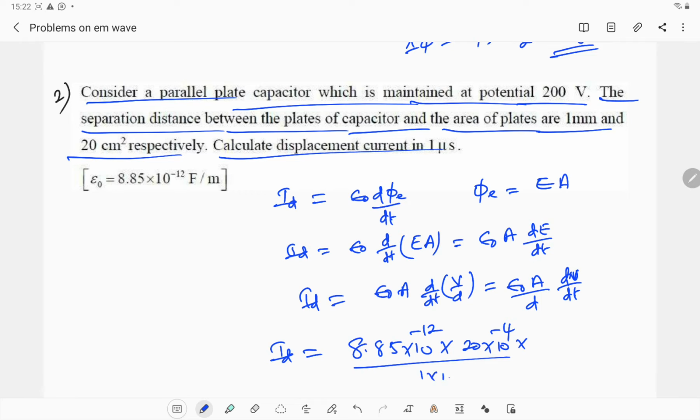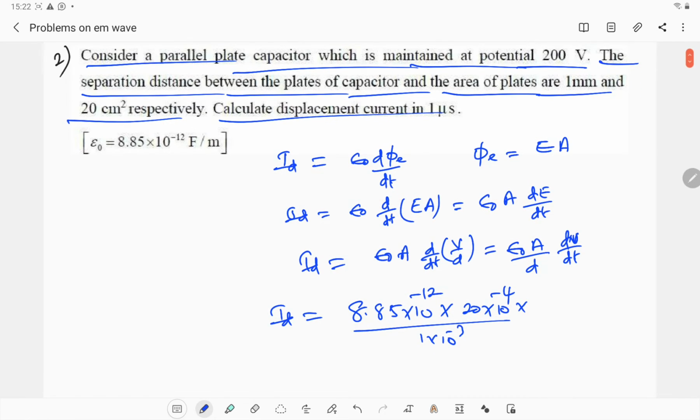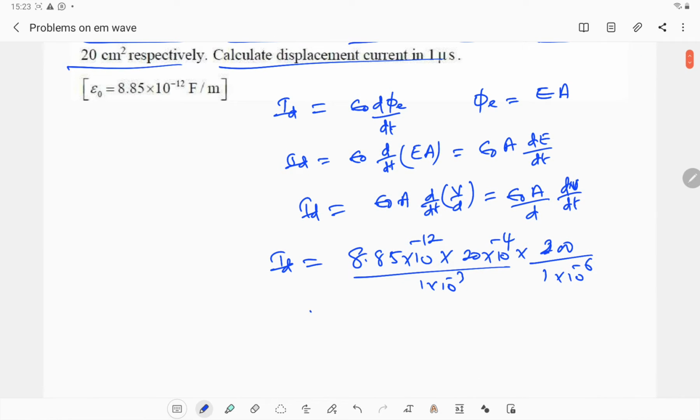This becomes 1 into 10 to the power of minus 3 meters, and dV by dt, the potential is 200 and time is 1 microsecond, that is 1 into 10 to the power of minus 6 seconds. With this, I_D is equal to 3.5 into 10 to the power of minus 3 amperes. This becomes 3.5 milliamperes. This is the final answer.